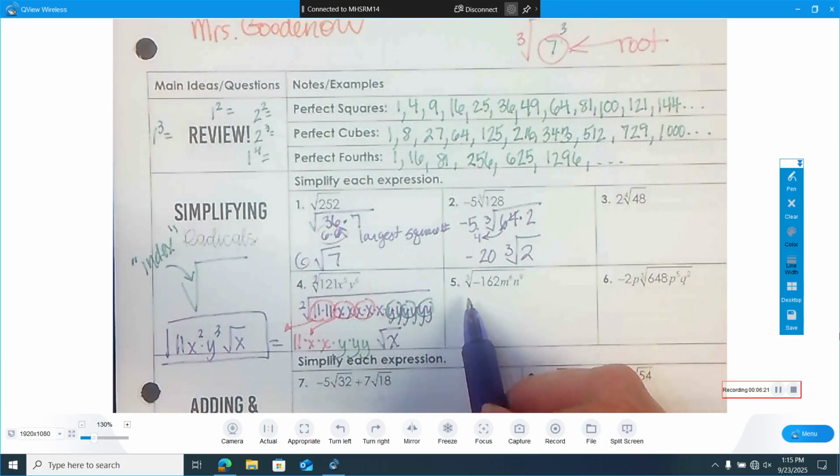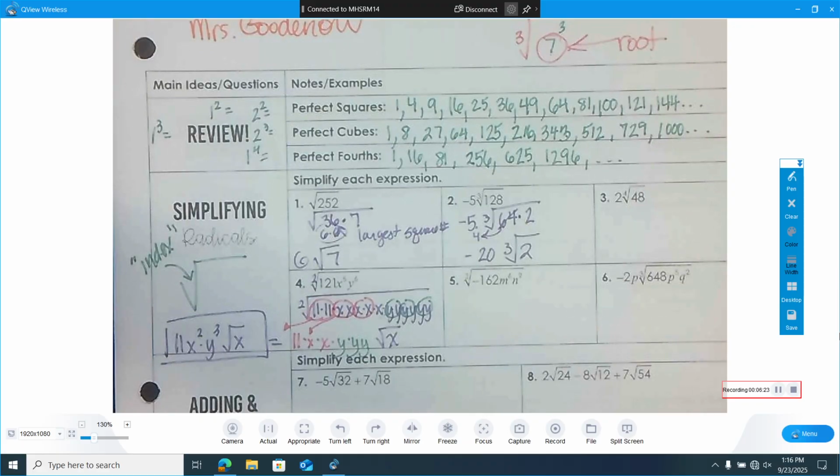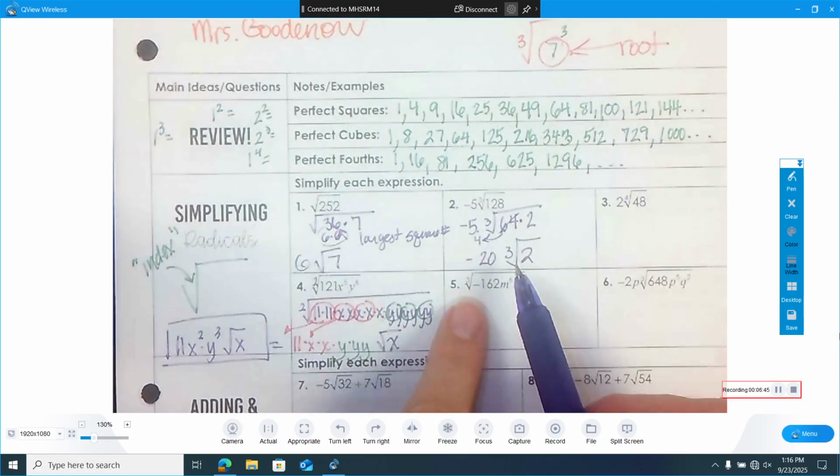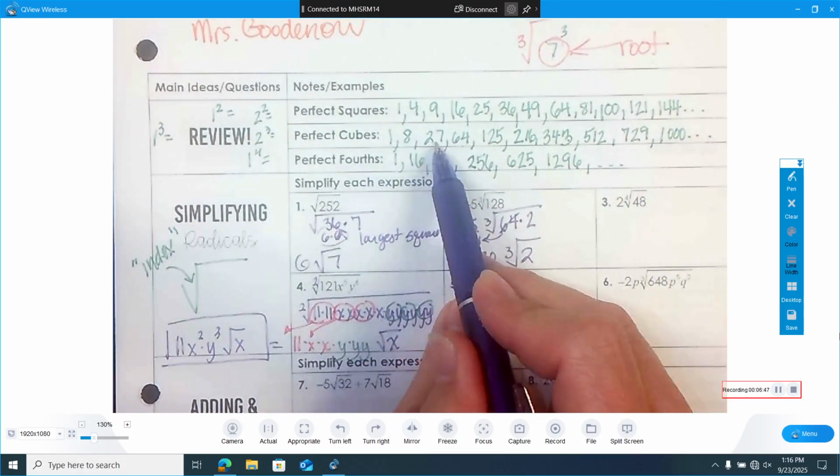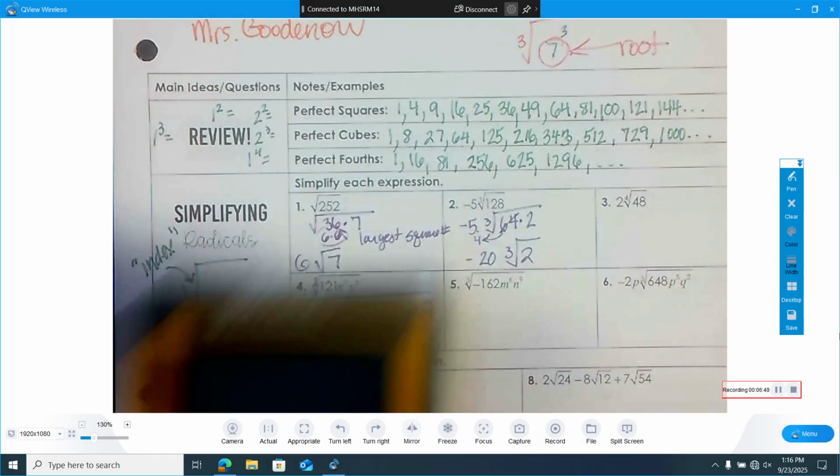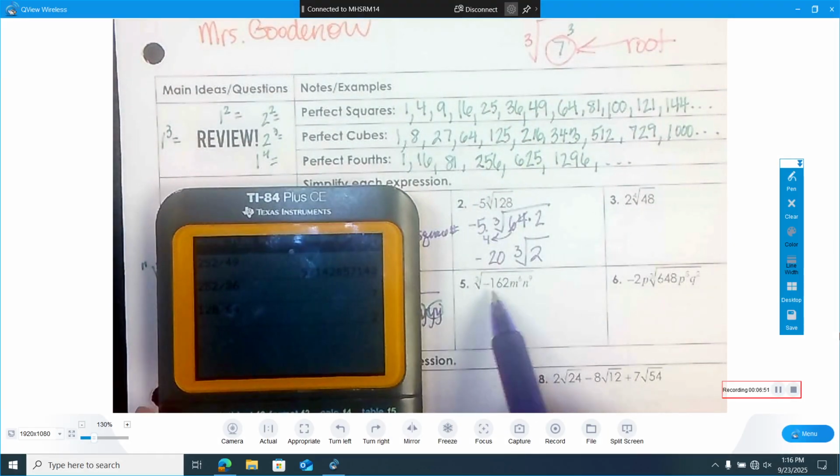This one is quite tricky. Number 5. What's the index? A 3. Can you have a negative inside a cube root? Yes, you can. All right, so what's going on here? Again, because of the index of 3, I am looking for perfect cubes here. And let's see, 162.